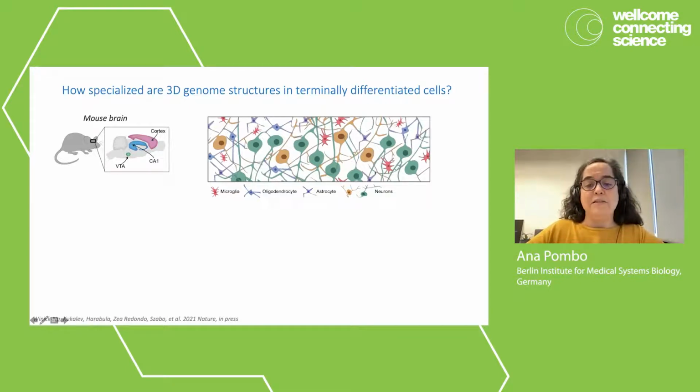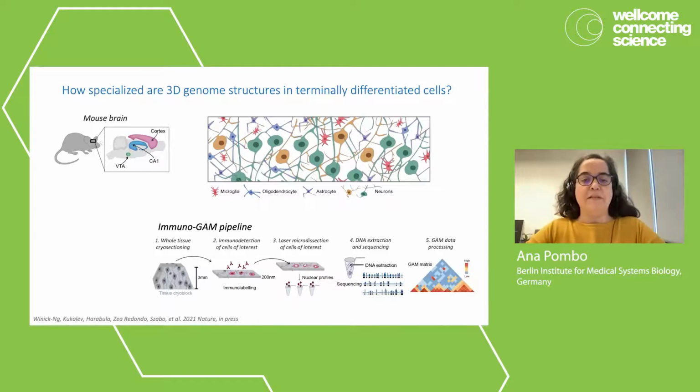And the challenge, as you know, in these complex tissues is that we have a number of different cells mixed up. To overcome this limitation, we added one extra layer to our GAM pipeline, and this was, immediately after the cryosectioning, as the samples are overlaid on the laser microdissection support, to add one step where we use antibodies to immunodetect the cells of interest.